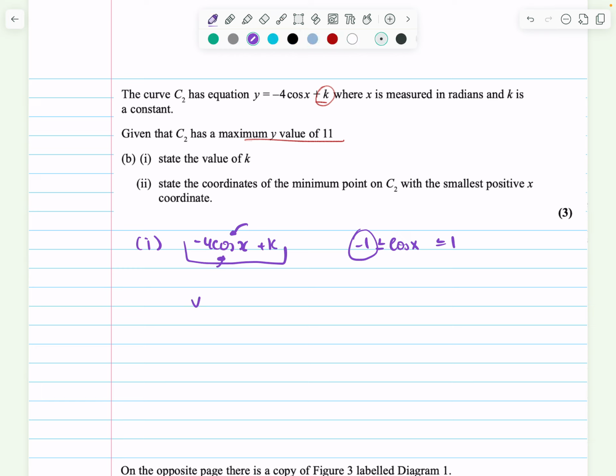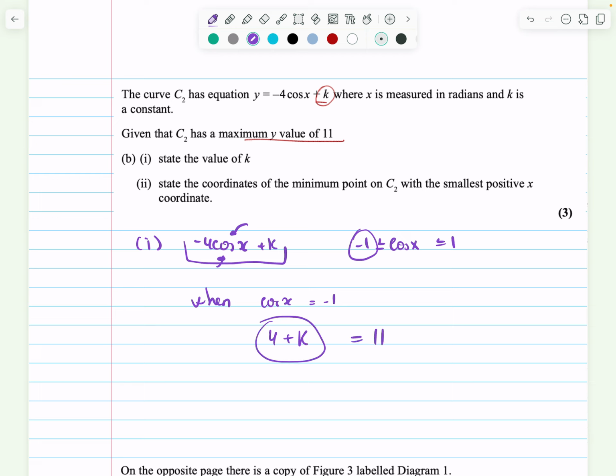So when cosine x is -1, this expression will give a maximum value, okay? Sometimes you're going to be taking it 1. It depends what expression you have. Because of -4, I'm taking it -1. Don't forget, okay? So then negative 4 times negative 1 will be 4 plus k. So that's going to be maximum.